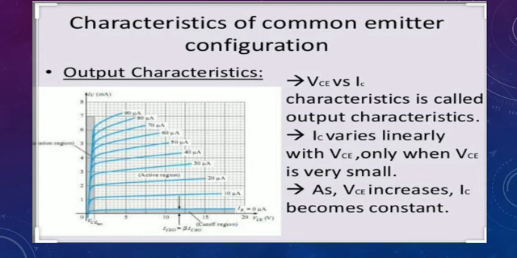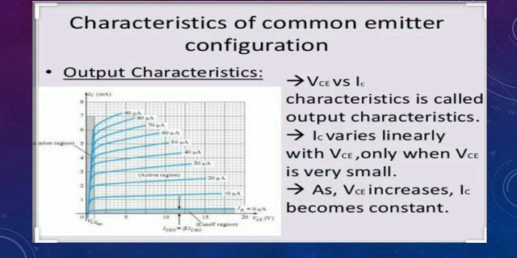This is the output characteristics between the collector emitter voltage versus collector current. So the collector current is taken on the y-axis in microampere, and on the x-axis I am taking the collector emitter voltage. The collector current varies linearly with collector emitter voltage, and as the collector emitter voltage increases, the collector current becomes constant.